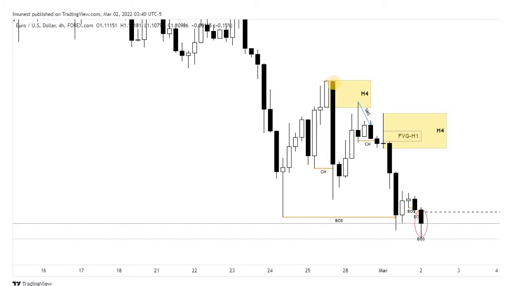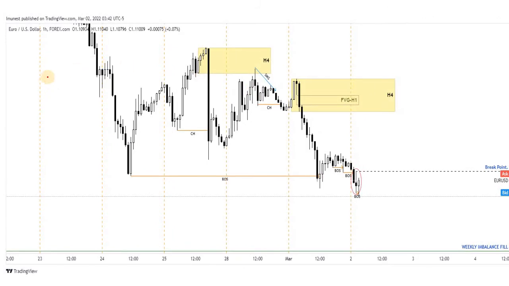By the time I have this change of character, then I am more confident to take sell positions, because I already have this internal order flow change of character. We are going to see that more clearly on the 1-hour chart. So this is what we are talking about: high, low, high, change of character, and we have this 4-hour order block.